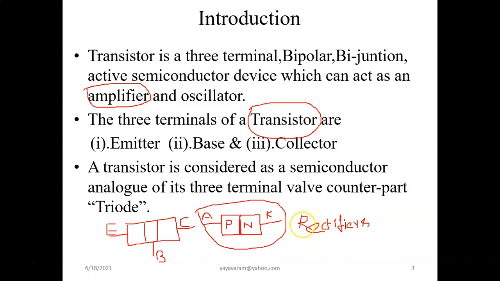We used to call them triode valves, but there were so many disadvantages or limitations. Therefore, from there onwards, we have come to this semiconductor technology or solid state devices. This triode in those days was also a three-terminal device, which we used to work as an amplifier. Same as emitter, base, collector, transistor also acts as an amplifier. That's why people consider this transistor as a semiconductor analog of its earlier valve counterpart, triode.